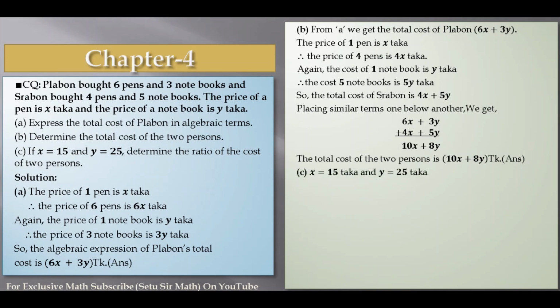C number. If x equals 15 and y equals 25, determine the ratio of the cost of 2 persons. At first we have to find the values.